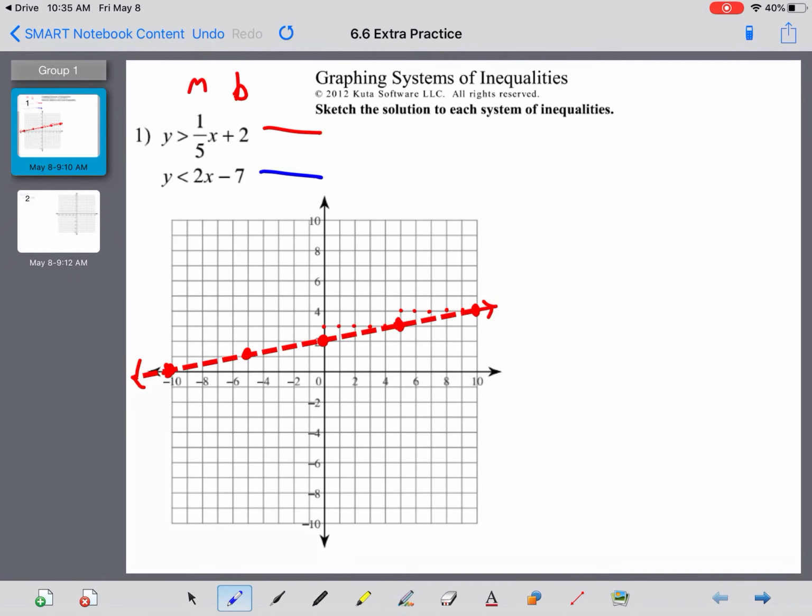Y is less than 2x minus 7 for our blue inequality. Well, our m value is 2 over 1. Our b value is negative 7, so we're going to start at negative 7. Our slope tells me to go up 2 and to the right 1.